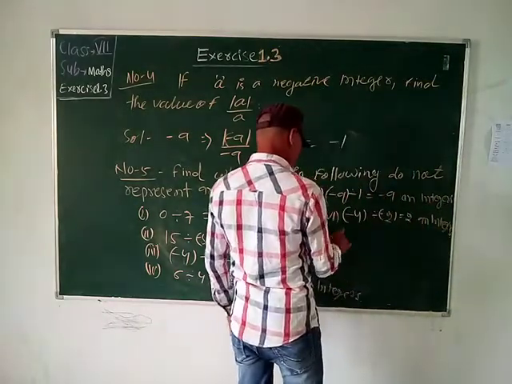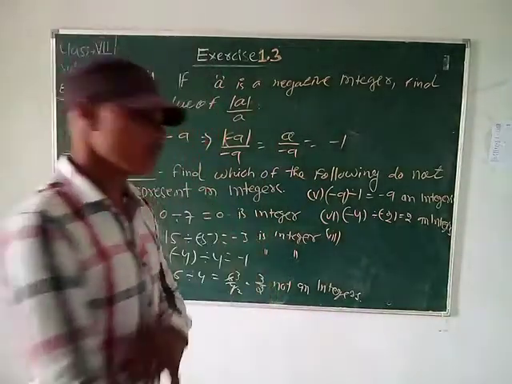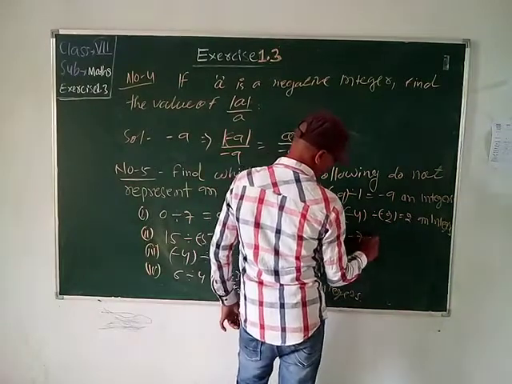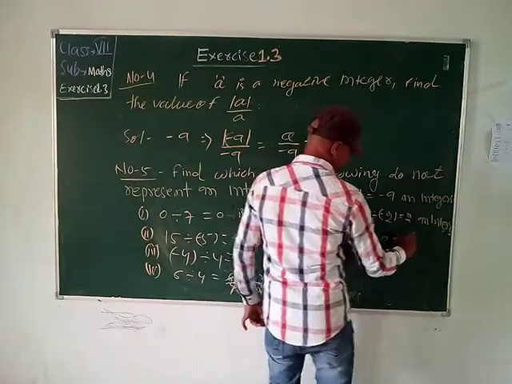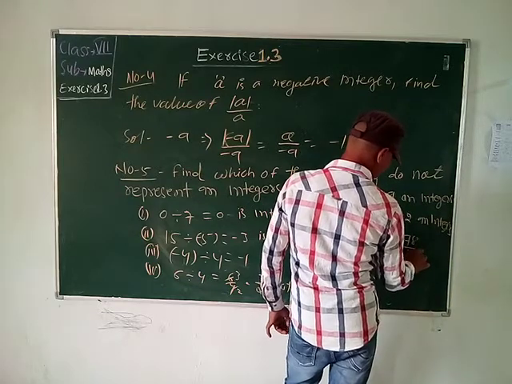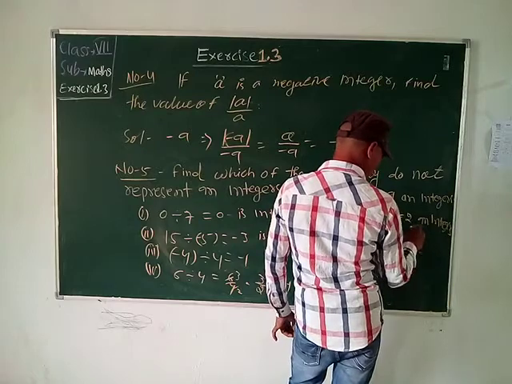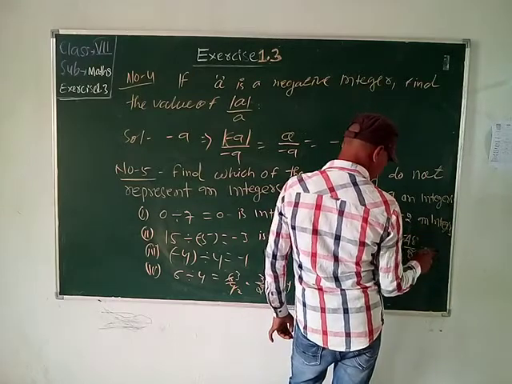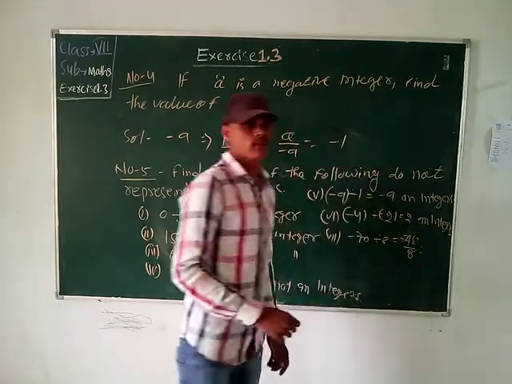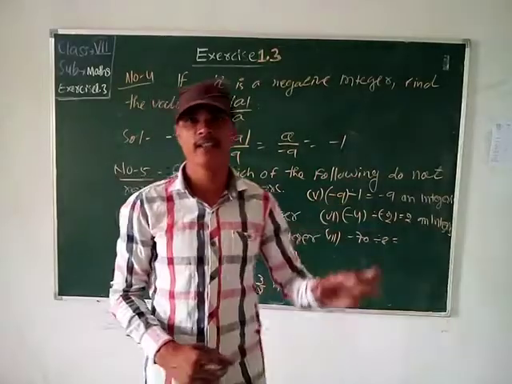Now 7th bit. 7th bit is what? Minus 70 divided by 8 equals minus 35 by 4. By mistake I wrote 78, don't mind.